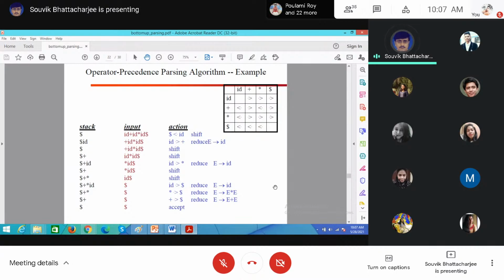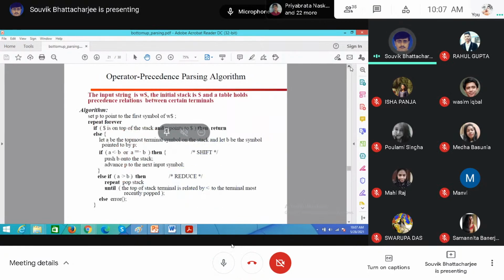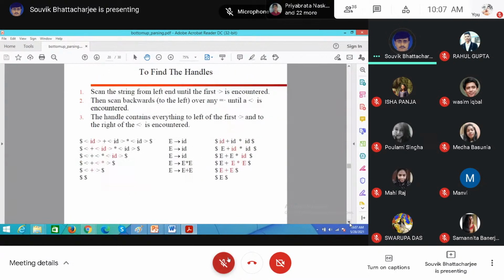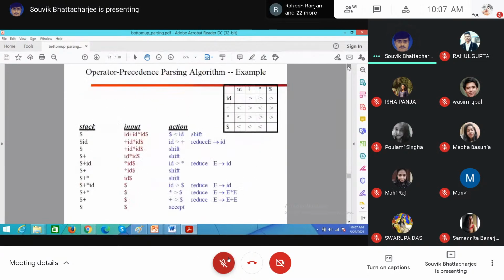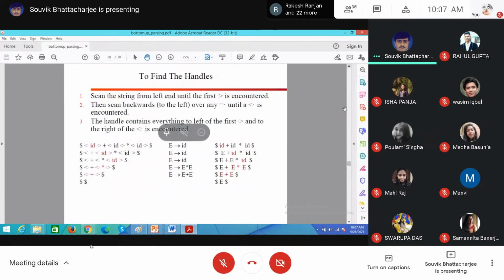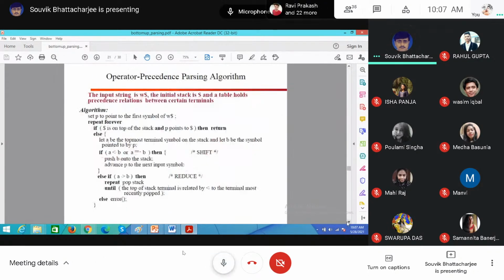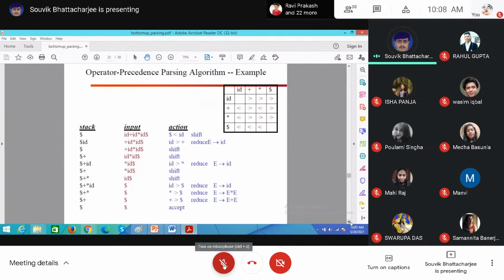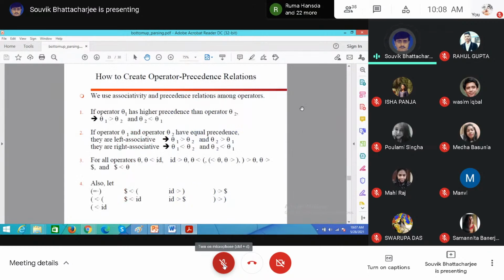I think you have understood this concept as per this algorithm. Okay, today I will stop here. Next day I will show you first how to create the operator precedence relation, and then we will start, basically not the LR parser right now.